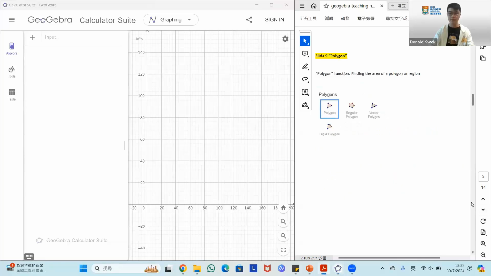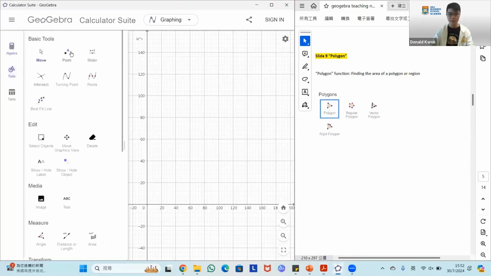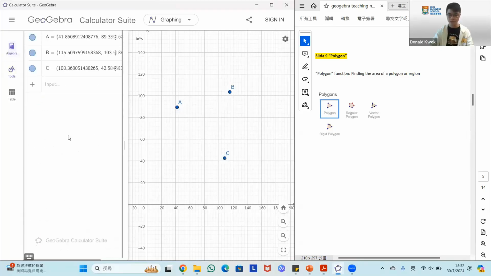In the second part of this workshop, I would like to walk you through the use of the Polygon function. This tool is very useful when you're required to find the area of some regions. As an example, let me randomly put 3 points on the coordinate plane here. If you wish to find the area of this triangle ABC, we can simply utilize the Polygon function.